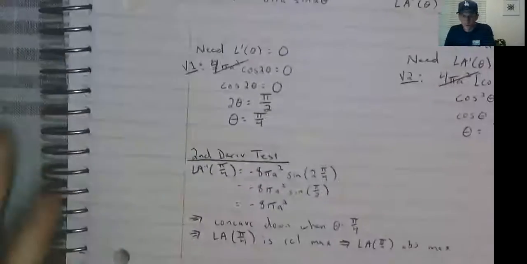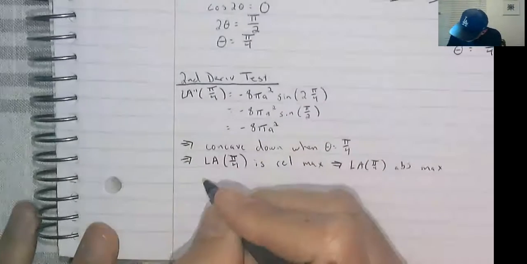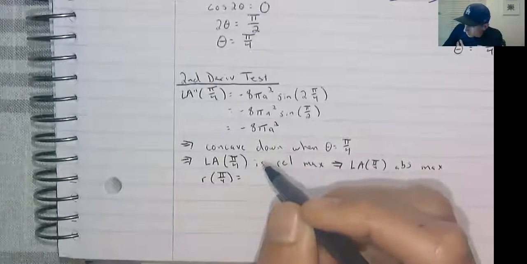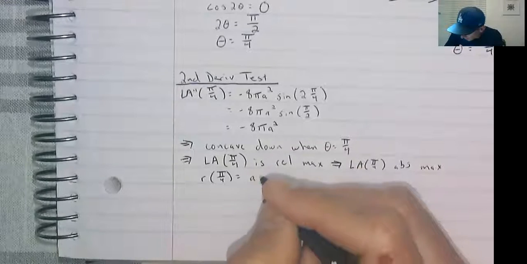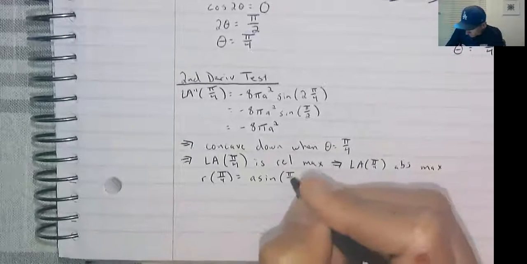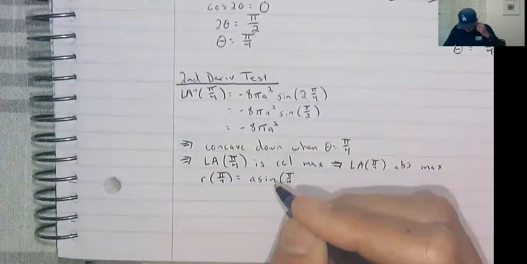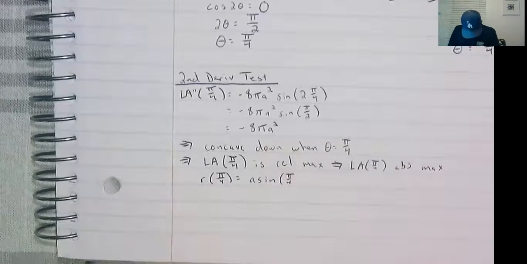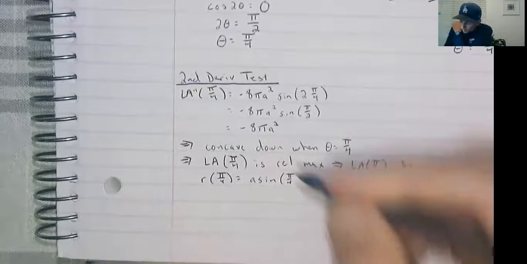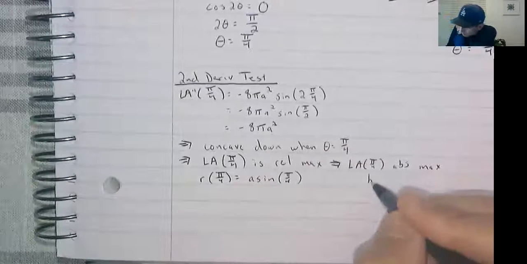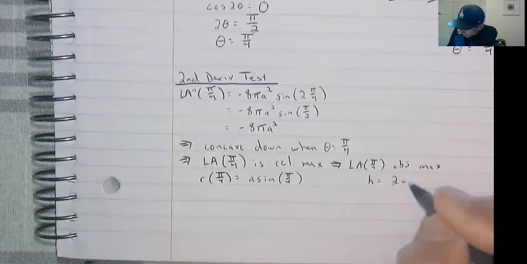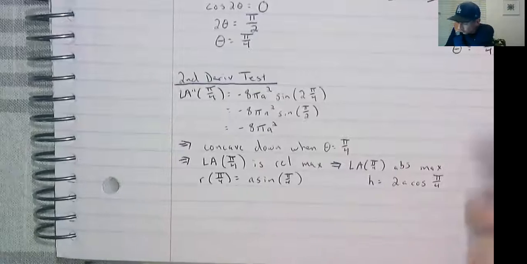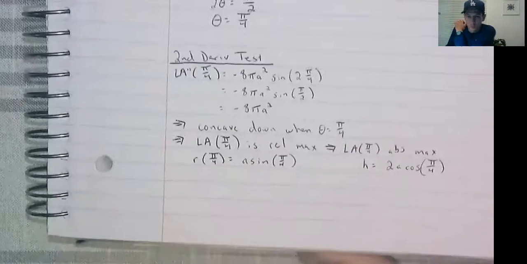So before we do the conclusion, we need to figure out the radius when our angle is pi over 4, is a times the sine of pi over 4. And then the height is twice a times the cosine of pi over 4. Both of these are square root 2 over 2.